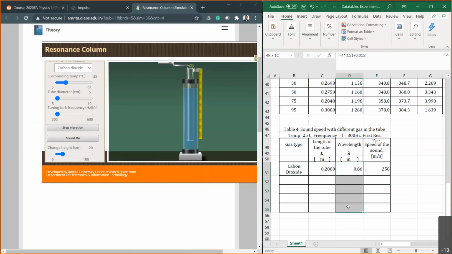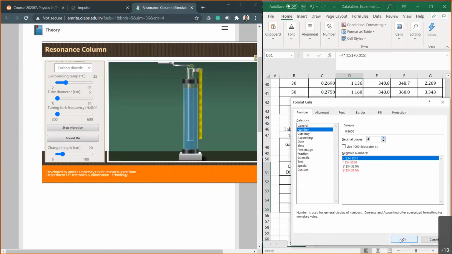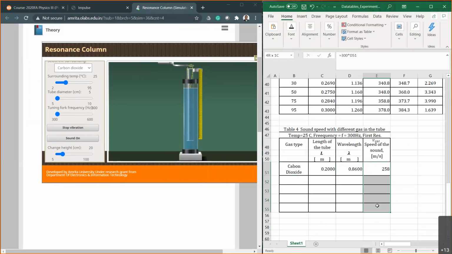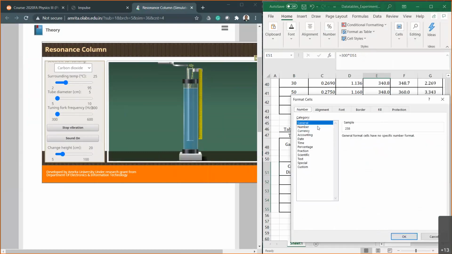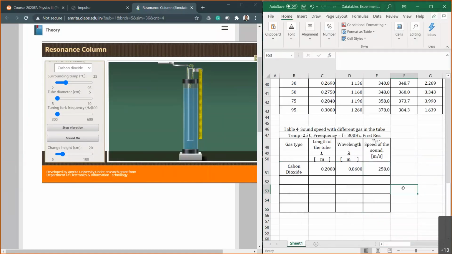This one also I can have 4 sig figs, which means 4 decimals here. And this one also I can have 4 sig figs, 3 numbers plus 1 decimal. Okay, question. Everybody get that idea? Any question?